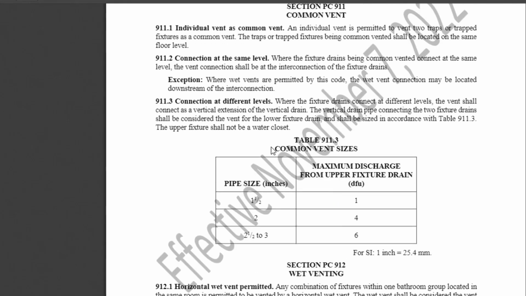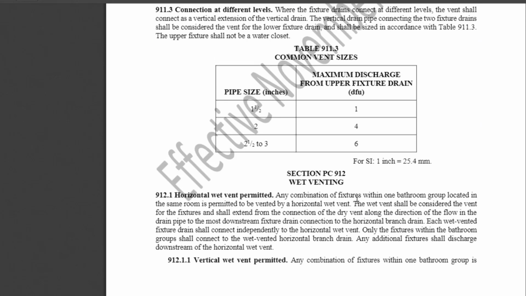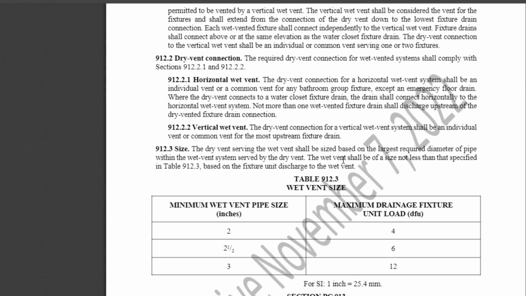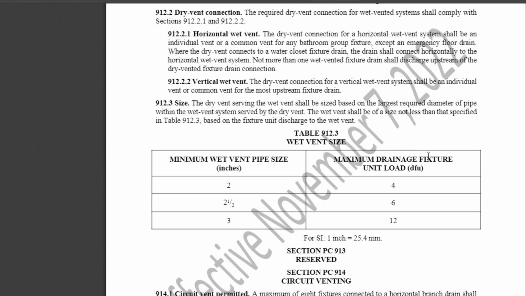And looking down here, there's a table for the common vent sizes. So if you have a common vent, which is multiple different fixtures basically using the same vent. And you also have something called a wet vent, which basically means that a waste pipe also serves as the vent for another fixture.